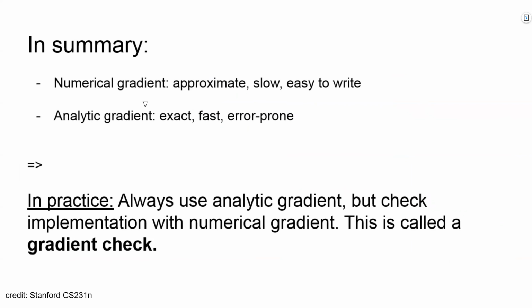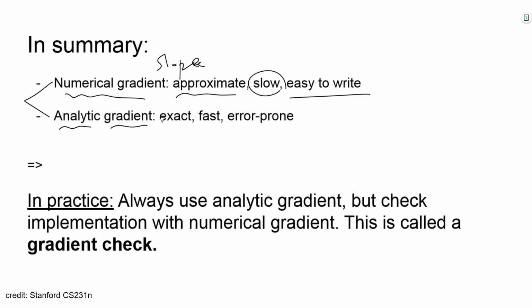I'm going to summarize what we have discussed up to this point. In summary, numerical gradient is an approximate value. It's very slow. However, it's quite easy to write. And another way of calculating the gradient, because we wanted to follow the slope to climb down the mountain, is to use the analytic gradient.